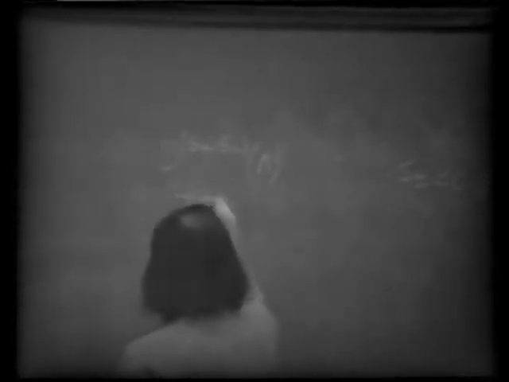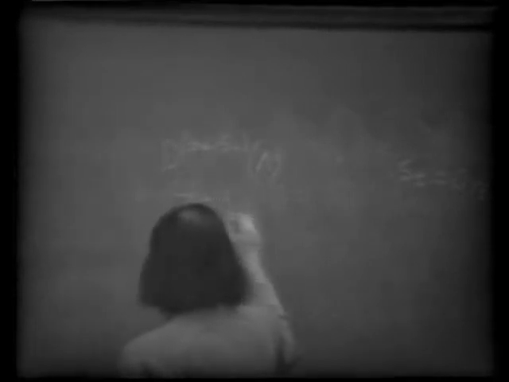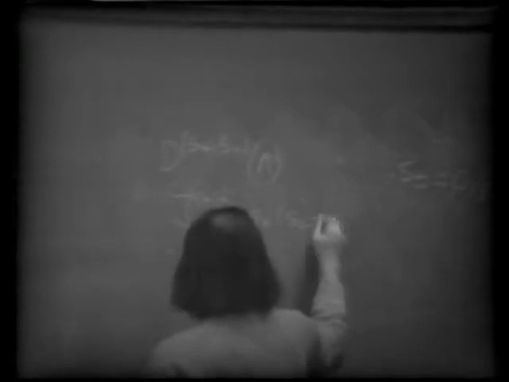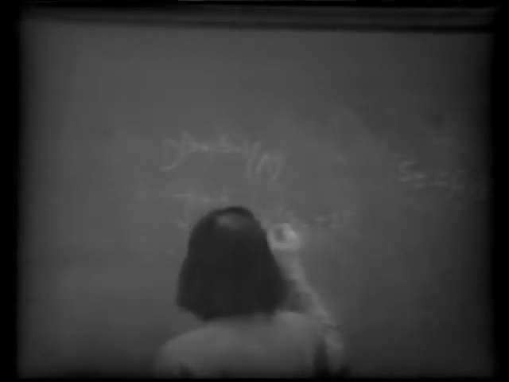J plus squared is S plus times S plus plus 1, and J minus squared likewise.